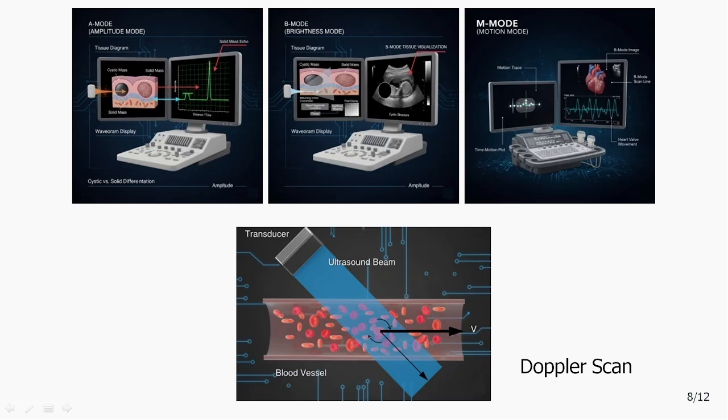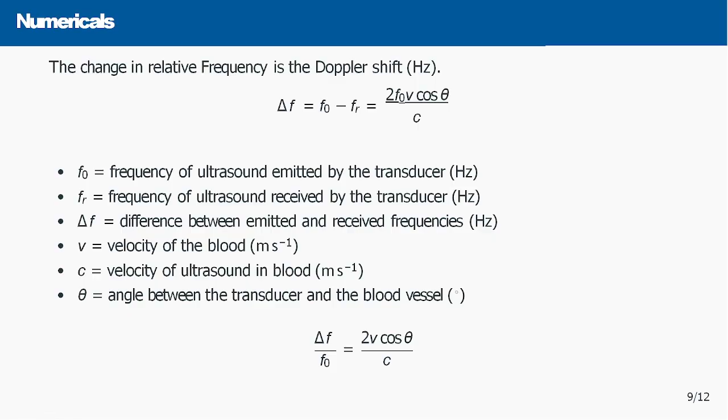Let us say this transducer is transmitting the acoustic wave which is passing in this direction, and you can mark here the blood is flowing in the artery in a particular direction. This angle, let it be theta. Now we will see how to calculate this using this Doppler scan.